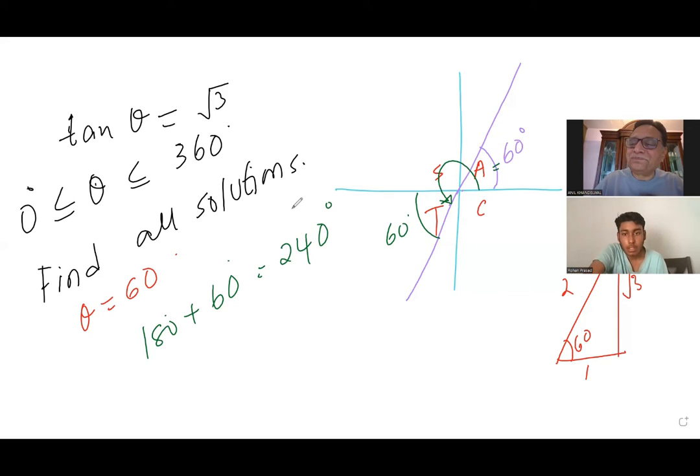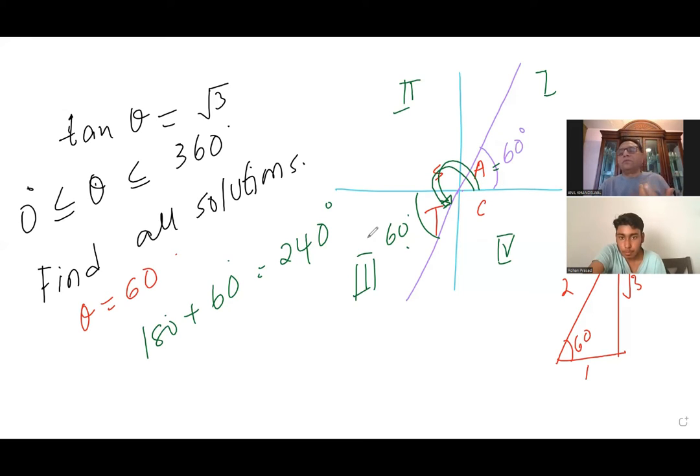So for sine we subtract from 180, but for tan we add 180. It all depends which quadrants we are looking at. Don't try to remember, just visualize and get the concept.